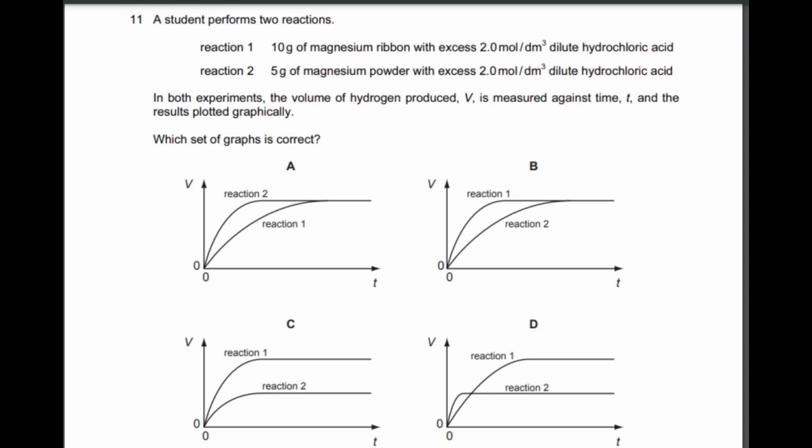So we have shortlisted Alpha and Bravo cannot be the answer. Charlie and Delta, we need to choose between now. Between Charlie and Delta we see that in Charlie reaction 2 is producing half of the product as compared to reaction 1, but reaction 2 is slower, so that is not the answer. Actually Delta is the correct answer, because reaction 2 is occurring faster but producing less product. You understand? Alright, so let's move to the next question.